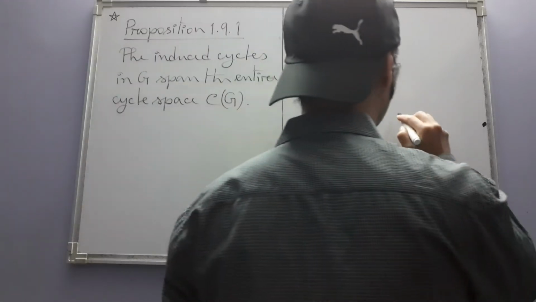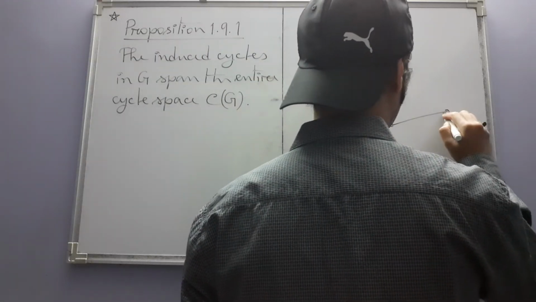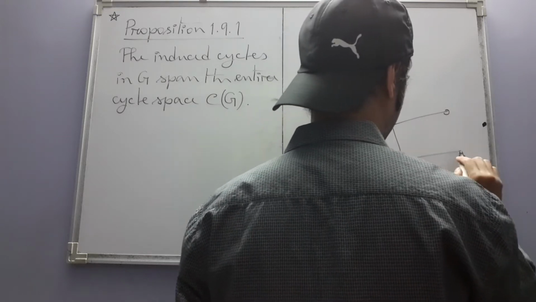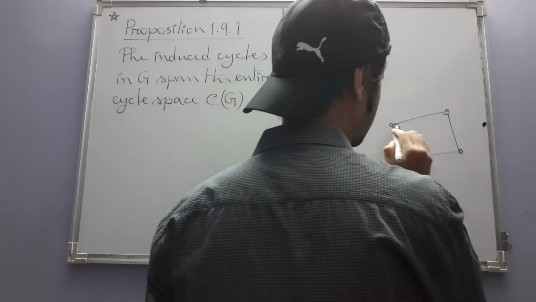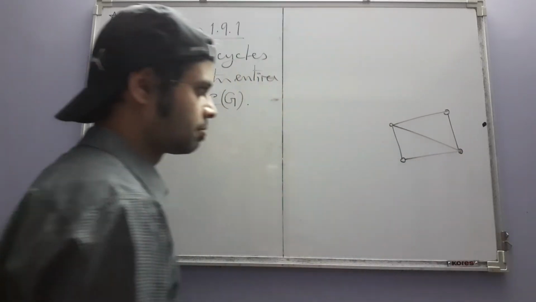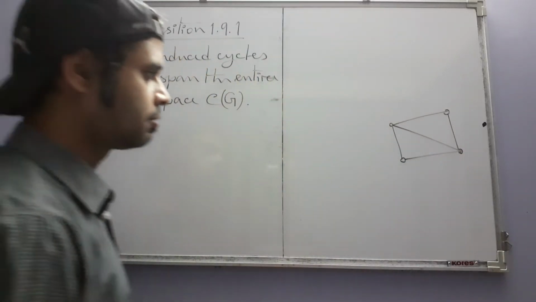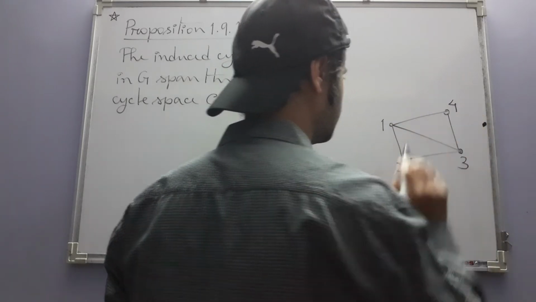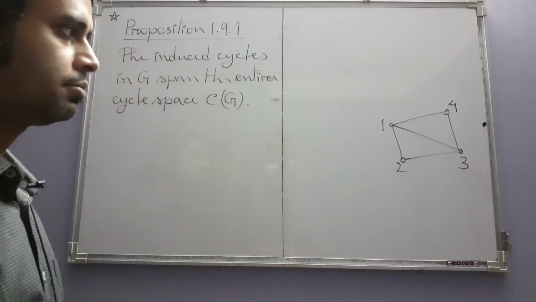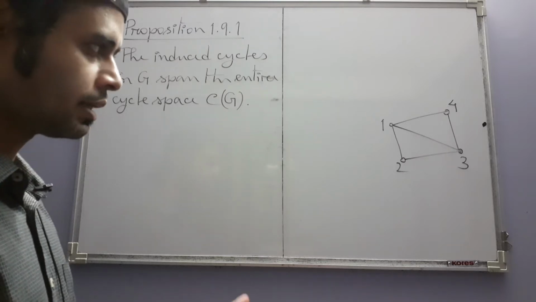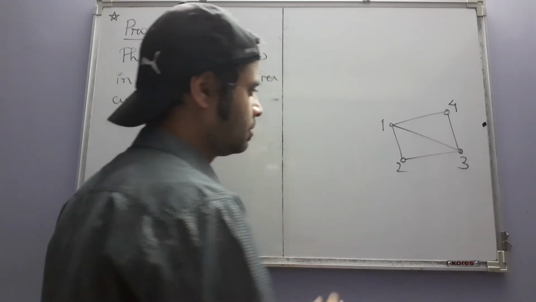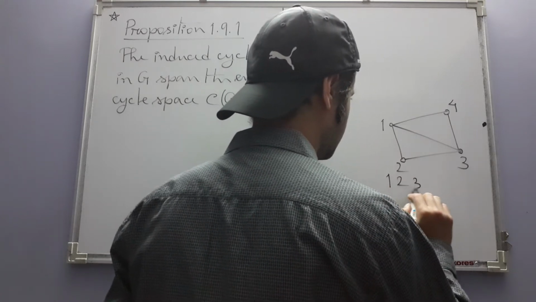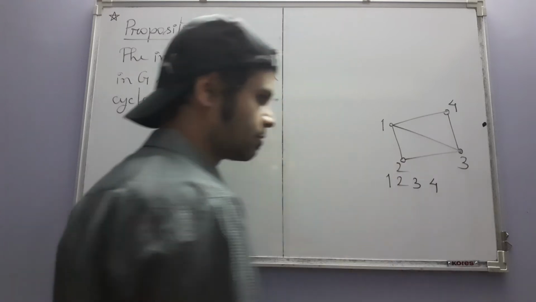Say we have a graph like this, with vertices 1, 2, 3, 4. There are cycles, we can see that, and you can consider the cycle 1, 2, 3, 4, 1.